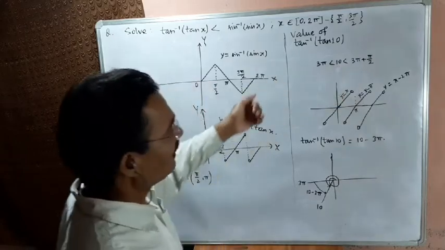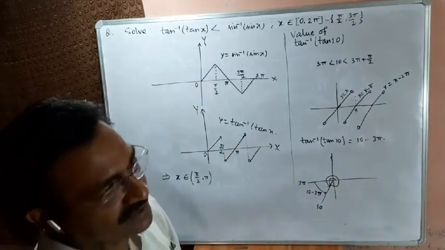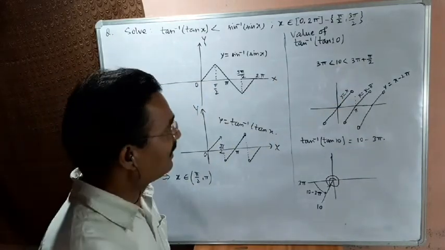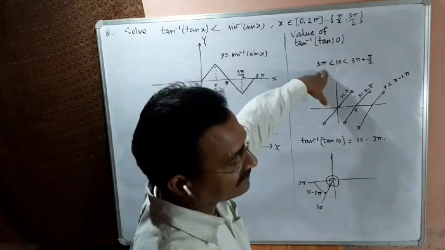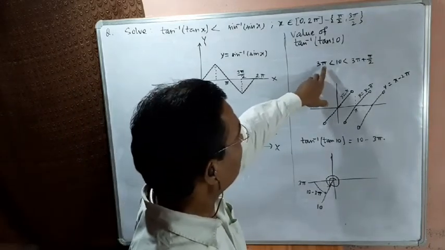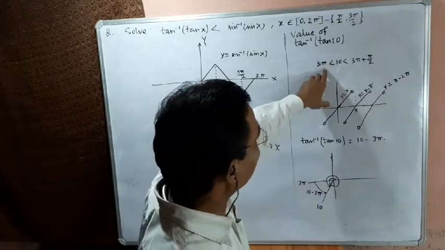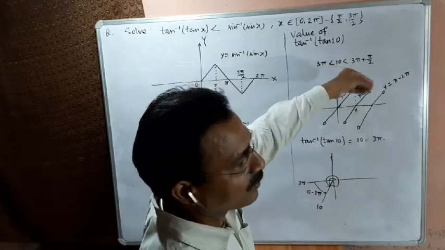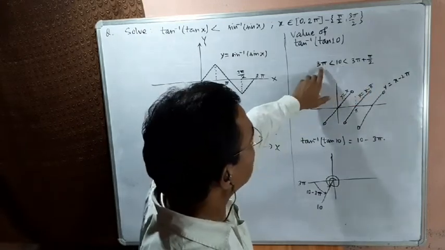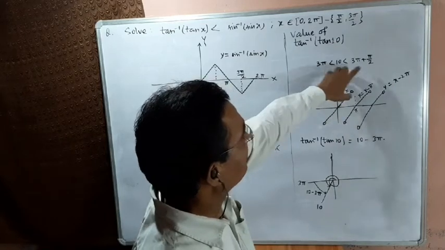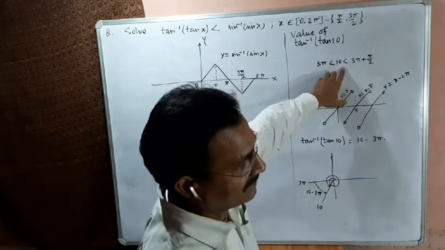After hit and trial, you know the value of pi is approximately 3.14. Therefore, 3 pi will be 9 point something. And if pi by 2 is added to 3 pi, pi by 2 itself is more than 1.5. Therefore, 3 pi is smaller than 10, but 3 pi plus pi by 2 is greater than 10.